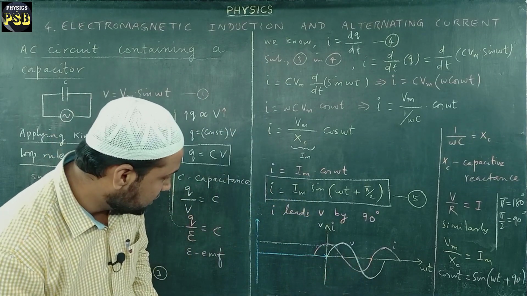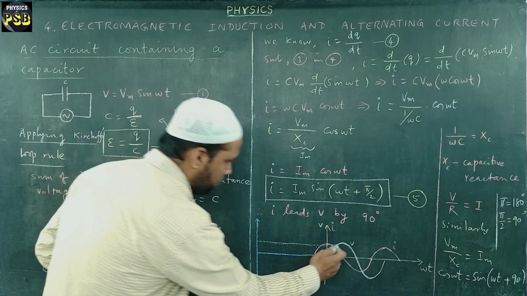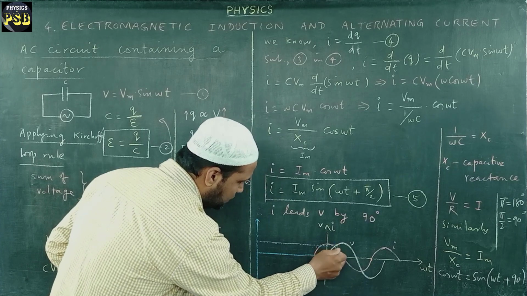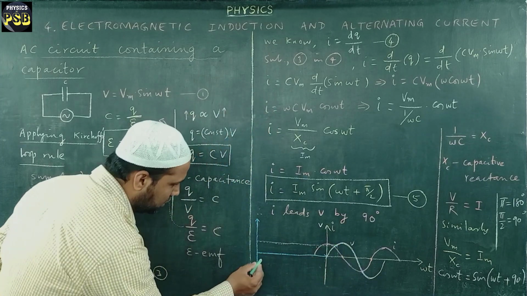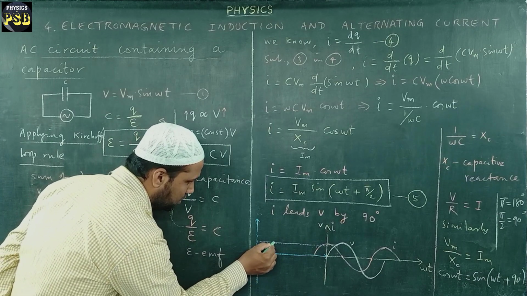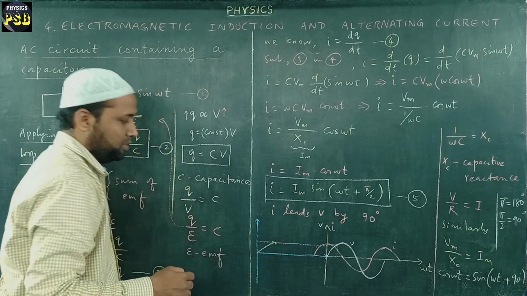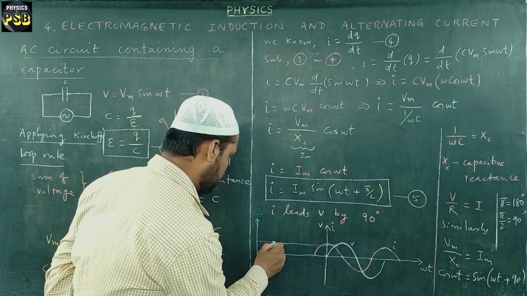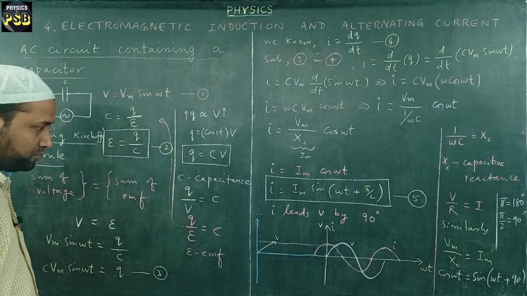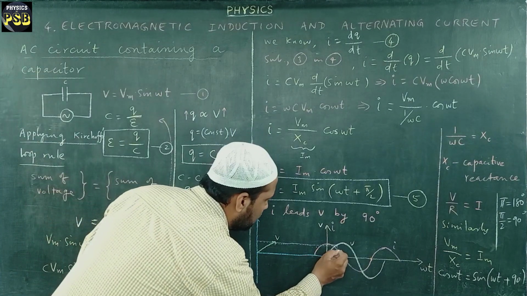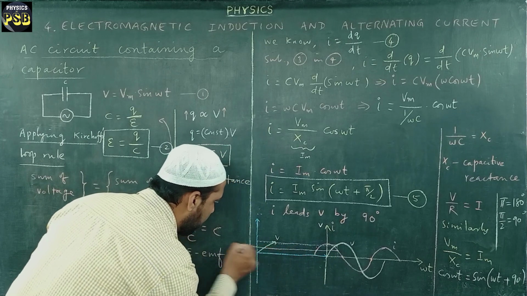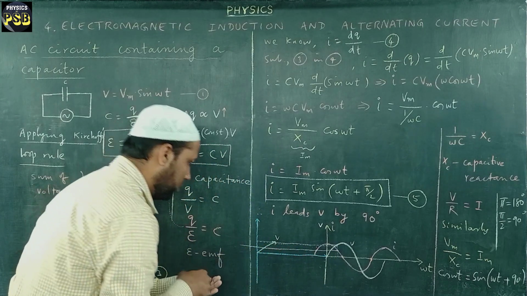How do I represent this? The projection from this point gives me the phasor that represents the voltage. Then, with respect to this position, let's extend this one.